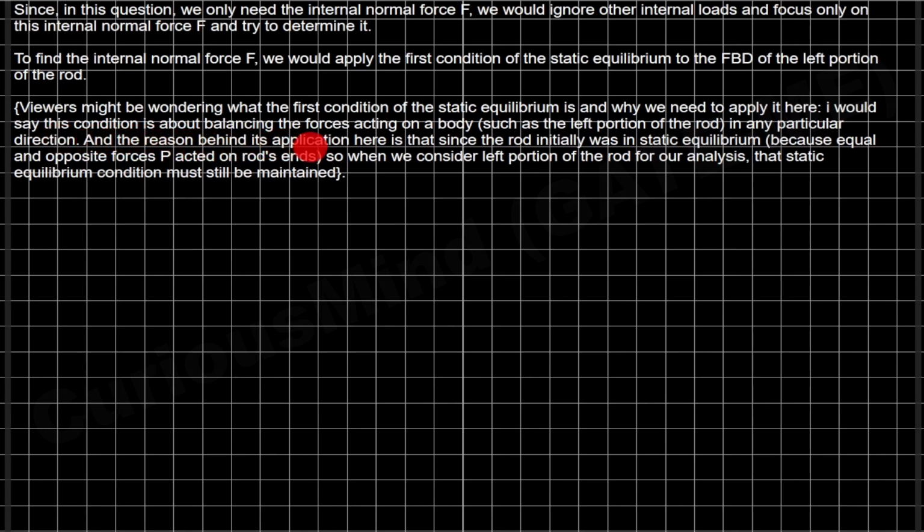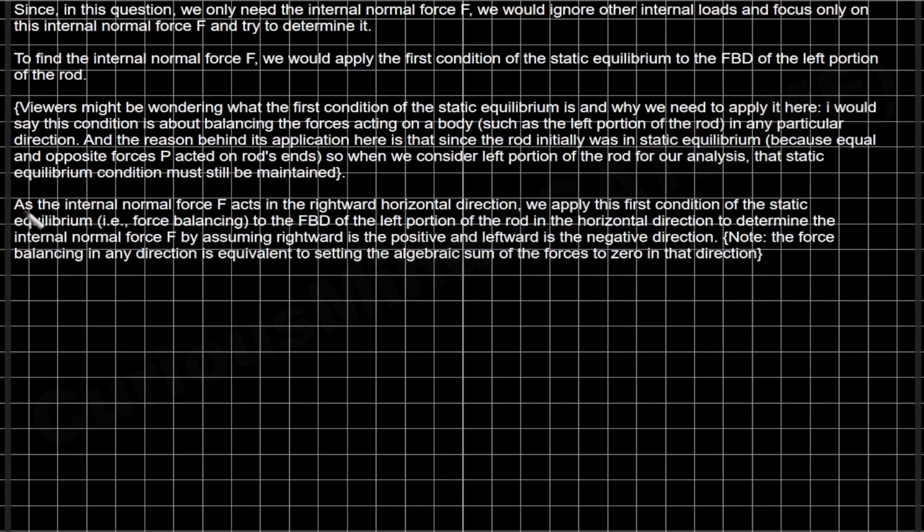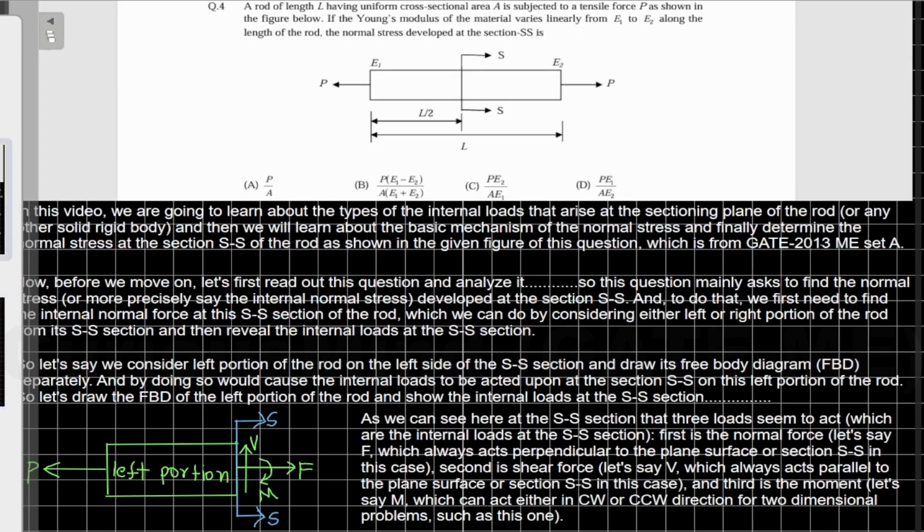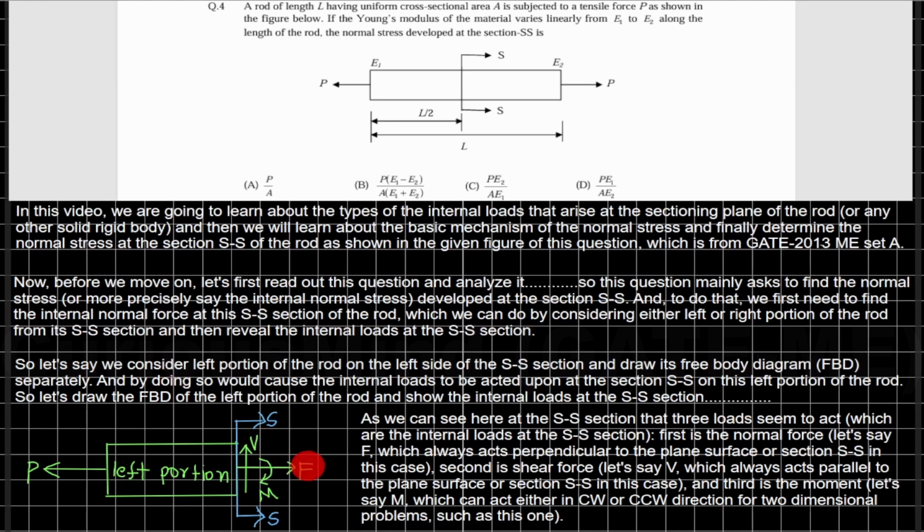And the reason behind its application here is that since the rod initially was in static equilibrium because equal and opposite forces P acted on the rod's ends, when we consider the left portion of the rod for our analysis, that static equilibrium condition must still be maintained, as the internal normal force F acts in the rightward horizontal direction, as we can see here in our free body diagram.